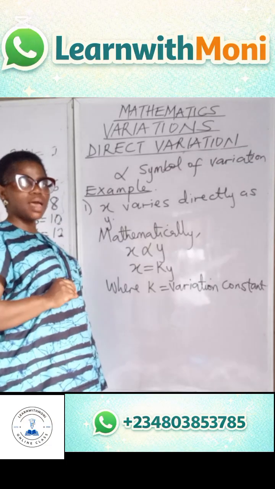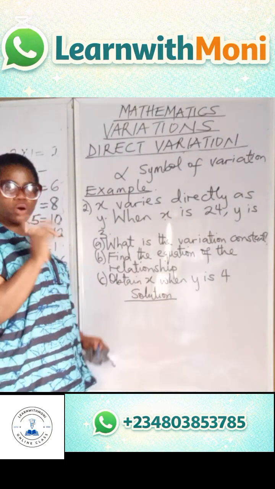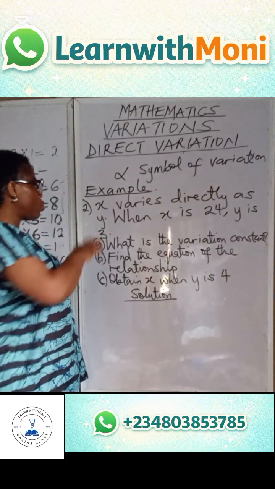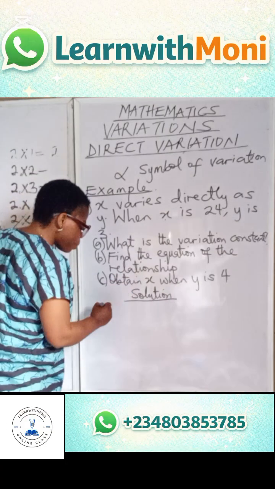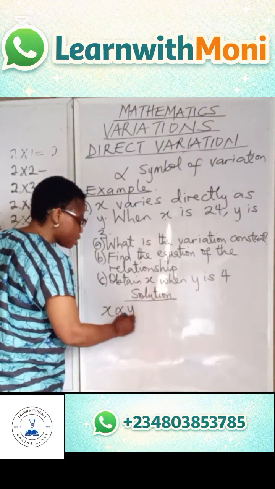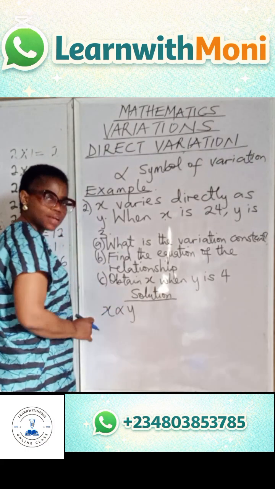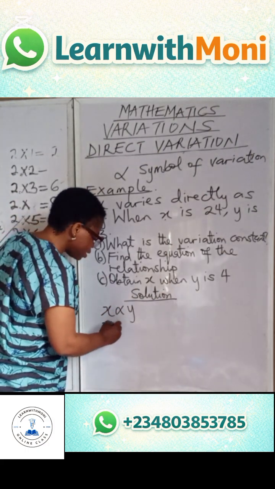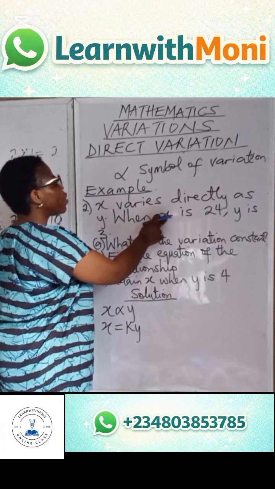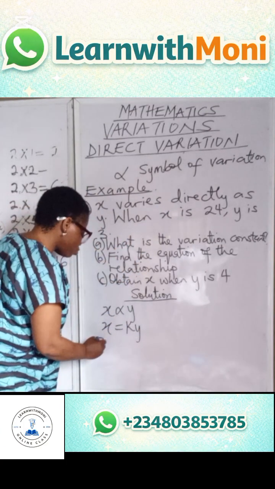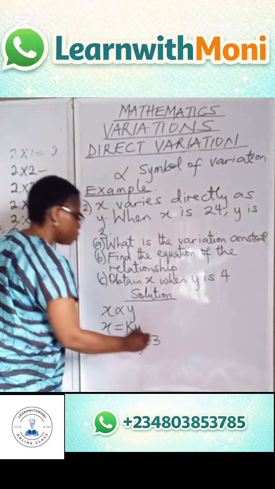Let's take another example. This is a continuation of the first example. We are told that x varies directly as y. That can be represented as x varying directly as y. Like I said earlier, x varies directly as y means x is equal to ky. The question went further to tell us that x is 24 when y is 3.